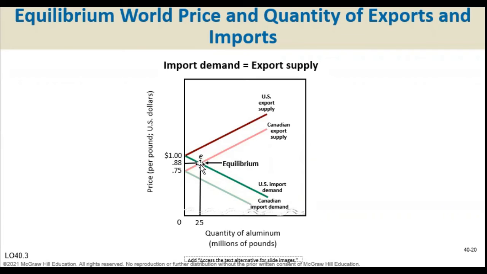And in this example, you can see that the equilibrium occurs at 0.88 after trade, which is less than $1 for the US, but more than 0.75 for Canada. So you see that everybody benefits from the trade.